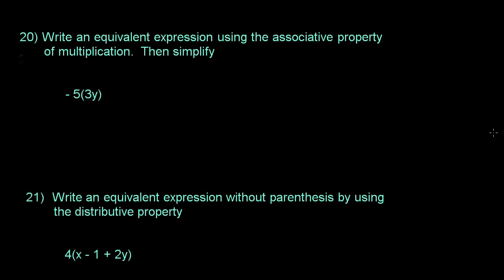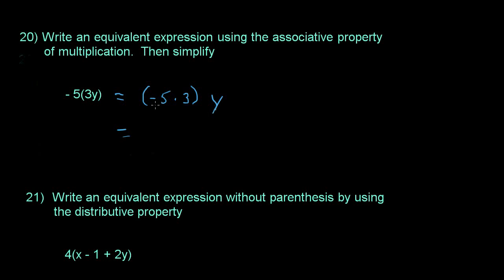The next problem wants us to write an equivalent expression using the associative property of multiplication, and then after that, simplify. The associative property has to do with the grouping, and in the case of this multiplication, instead of the 3 and the y being inside of a parentheses, we want to change the parentheses to put it around the negative 5 times 3, and we're putting a dot in there to indicate multiplication, and then that's times y.